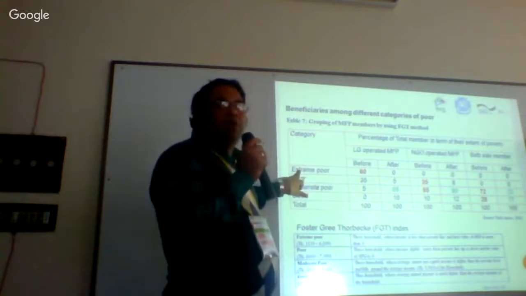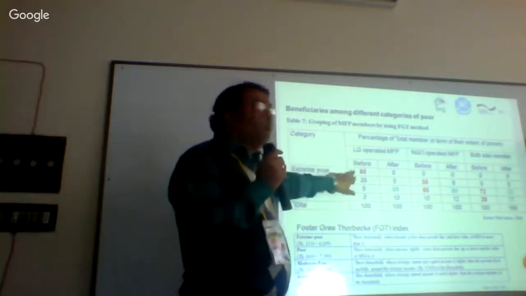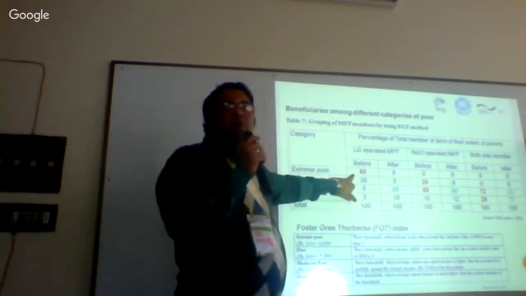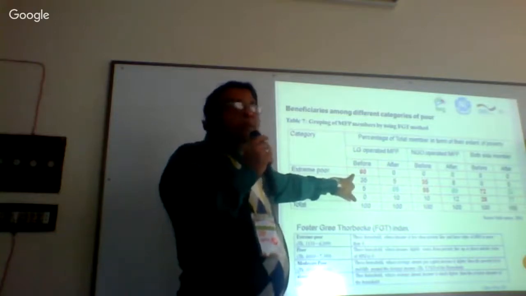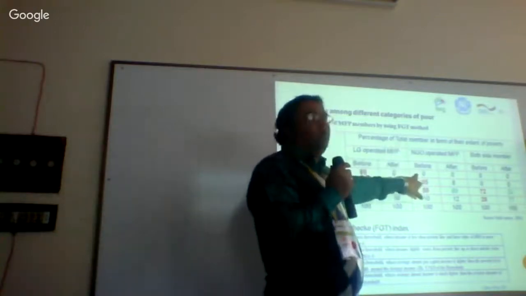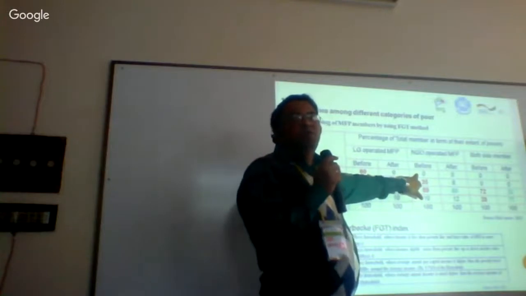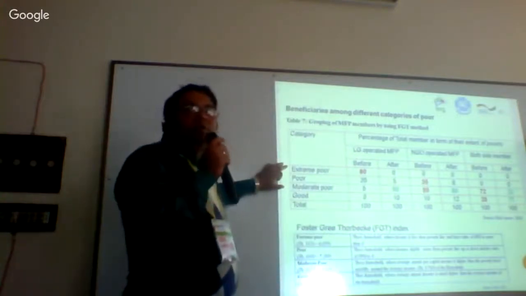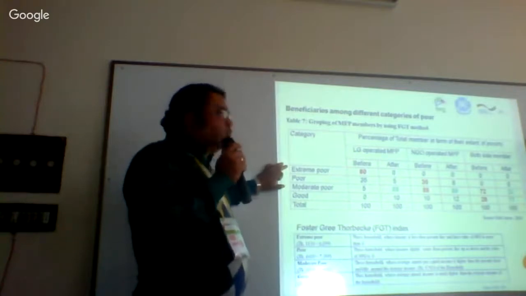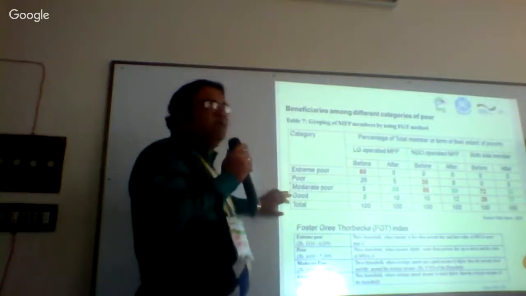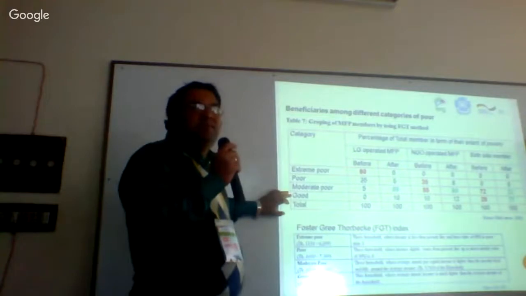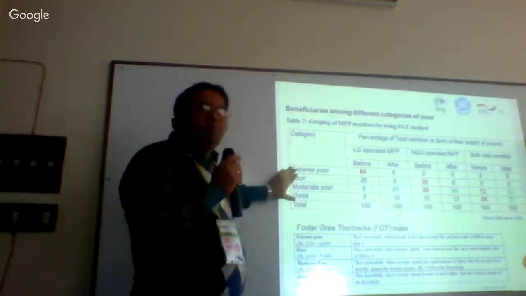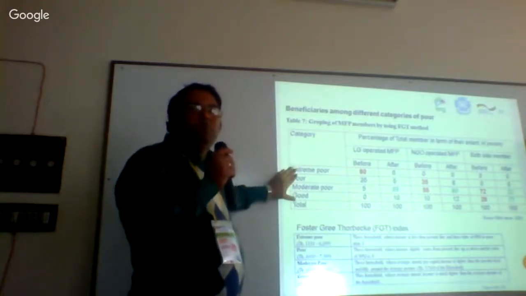And on both sides, there is one special finding. The local government organization emphasizes involving extreme poor women in their project. But NGOs are not encouraged, or not interested, to take those people who are at the extreme poor level, because they try to mobilize those people who are in the poor or moderate group because of financial safety. Because most of them are urban poor, most of them are migrated people.